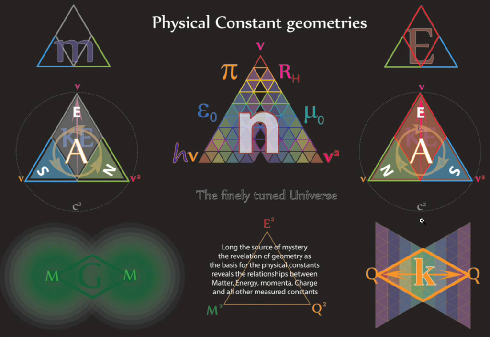Of course, we've got a finely tuned universe, and we'd be remiss if we didn't discuss, or rehash obviously, where the fine tuning comes from. It of course comes from the geometry. Whether it's mass or energy measurements, whether it's measurements of time or positive or negative charge, whether it's measuring the forces between charged particles or just neutral matter, makes no difference.